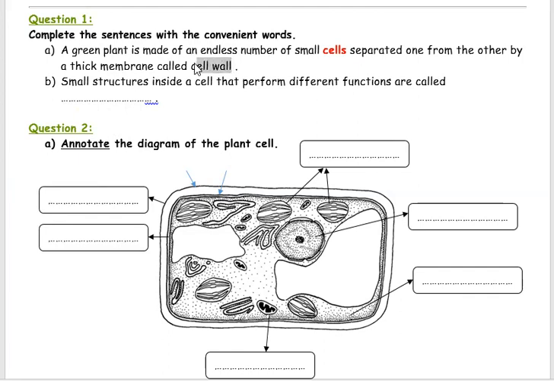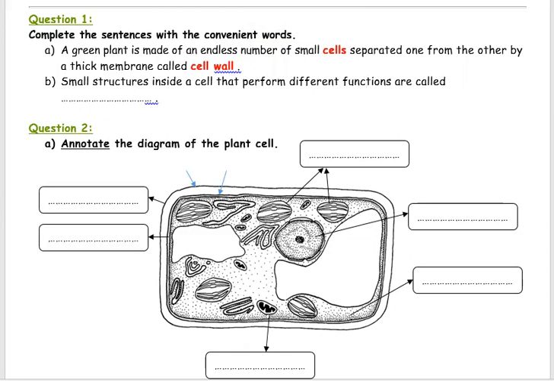Small structures inside a cell that do different jobs are called what? So what do we call the small machines that are working inside a cell, such as the mitochondria, the vacuole, the chloroplast?